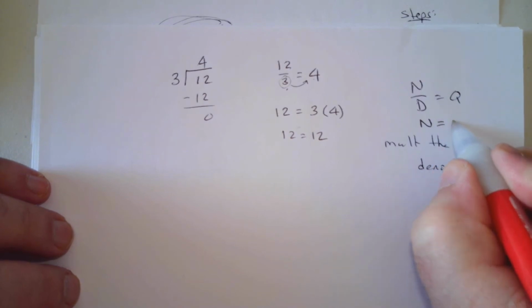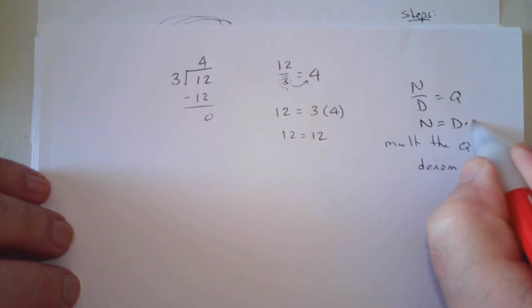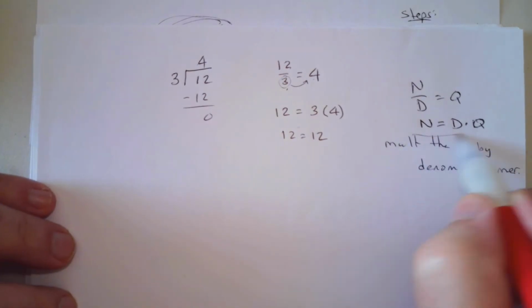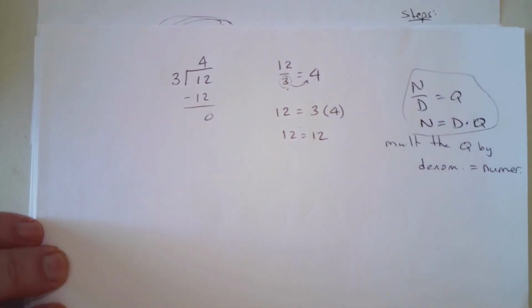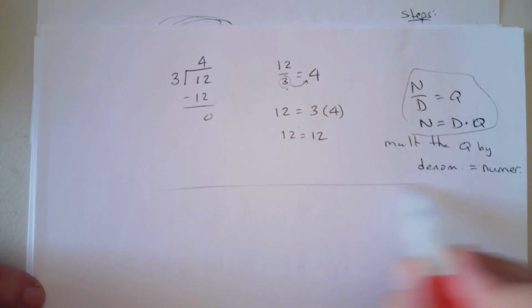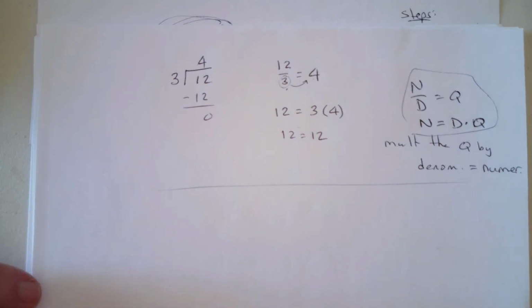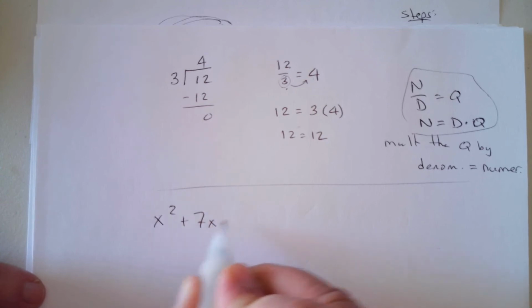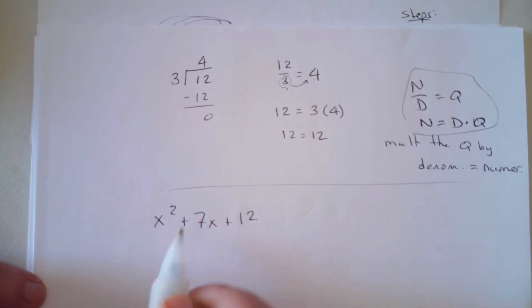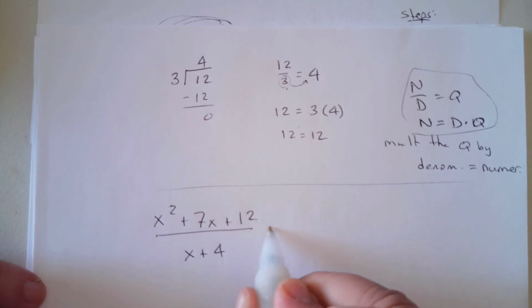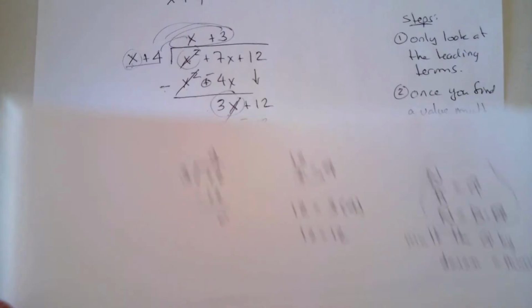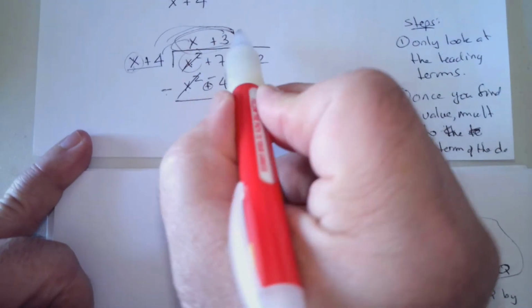N equals D times Q. That is how you check it. So in our example, x squared plus 7x plus 12 over x plus 4, we said equals x plus 3. Whatever's on top is your solution.